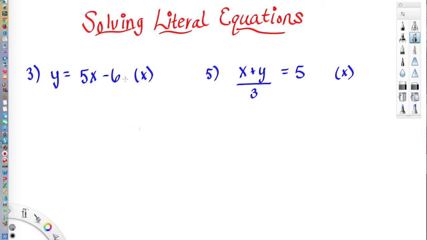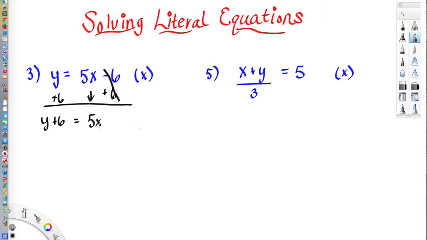I first have to go in inverse order of operations, which is remove whatever's being added or subtracted. And how do I get rid of a minus 6? I add 6. And what I do to one side, I do to the other. Okay, they cancel each other out. Now I'm left with, I bring down my 5x is equal to y plus 6. Okay, now what's happening to the x?